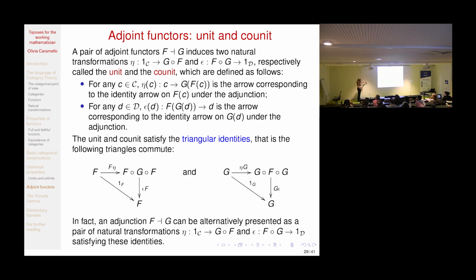So by doing this for any C, I get for any C an arrow, which I can call eta of C, going from C to G of F of C. One can show that this eta of C define a natural transformation from the identity functor on C to the composite functor G composite F. This is called the unit of the adjunction.